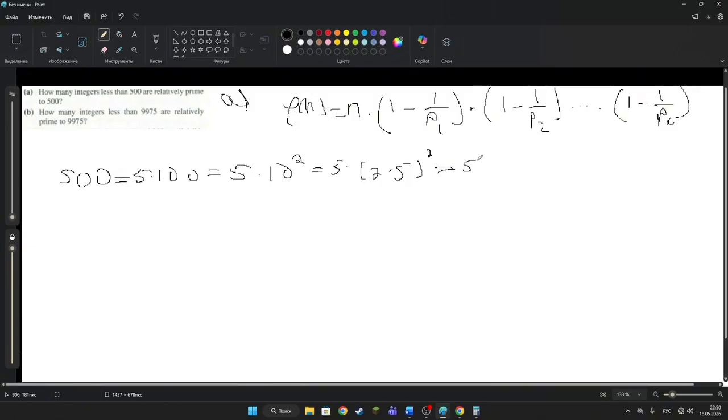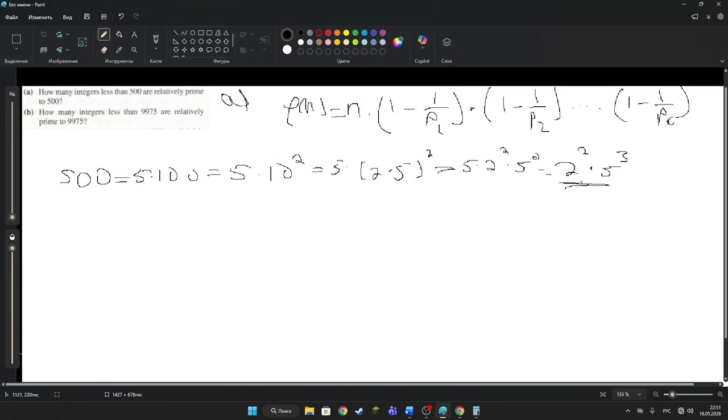That means 5 multiplied by 2 to the power of 2 multiplied by 5 to the power of 2, that means 2 to the power of 2 multiplied by 5 to the power of 3.